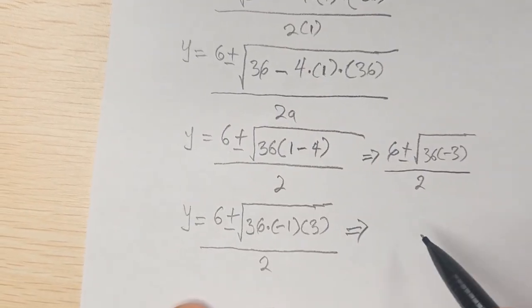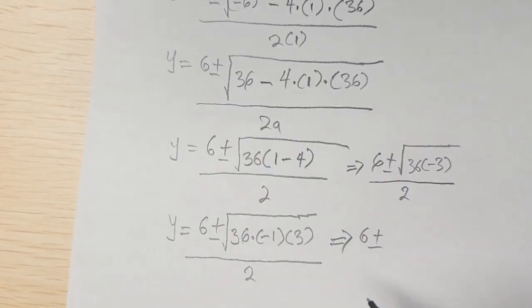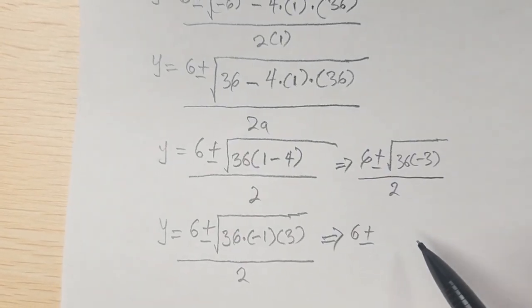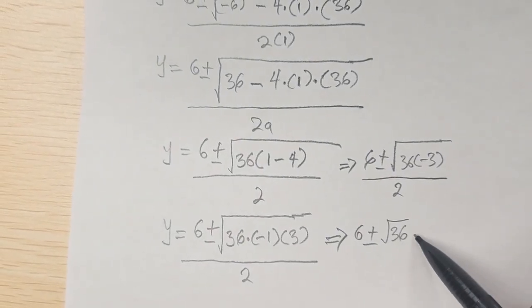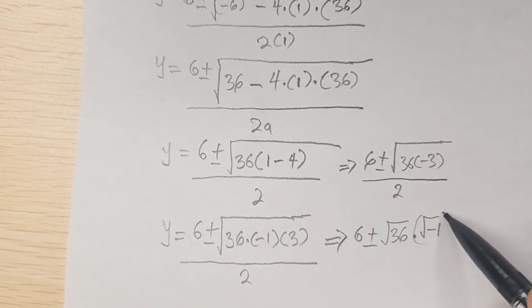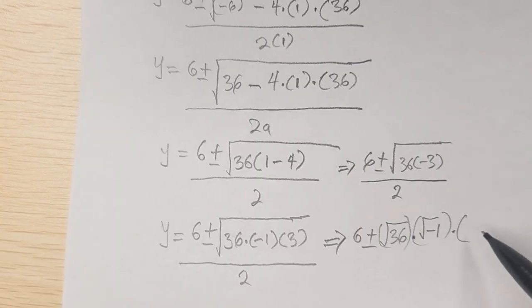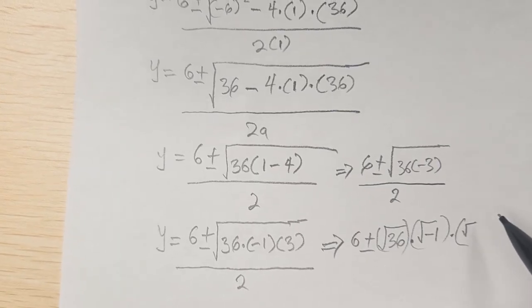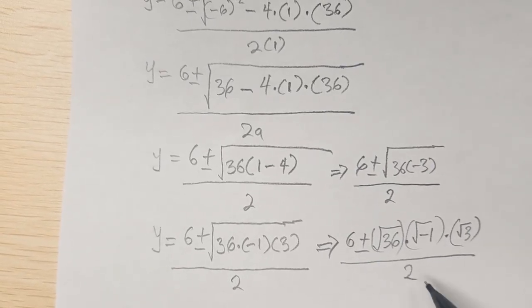That can also be written as 6 plus or minus root 36, root minus 1, and root 3, all divided by 2.